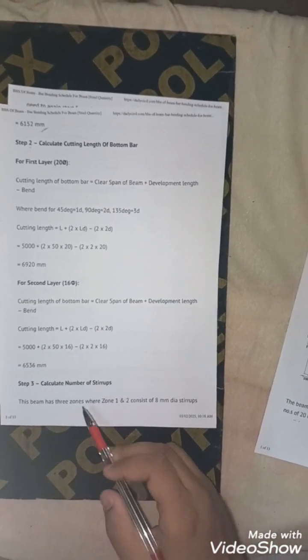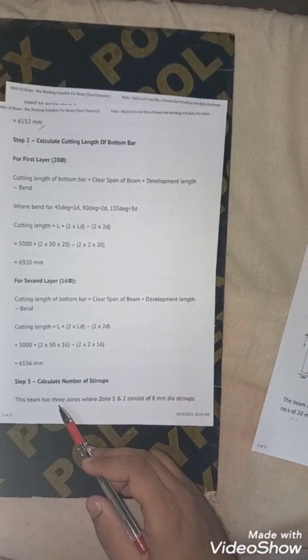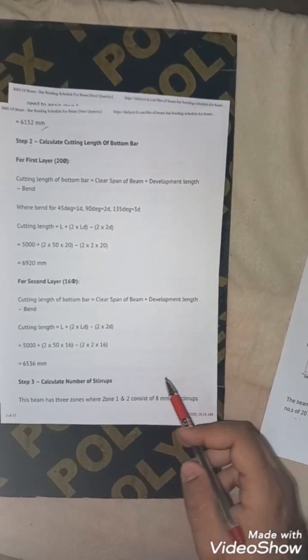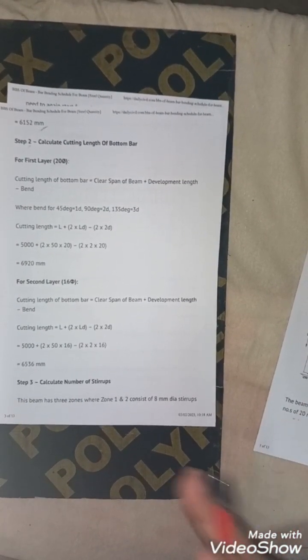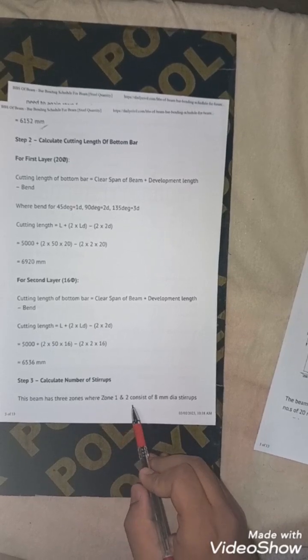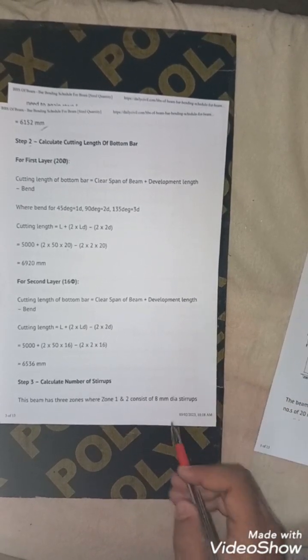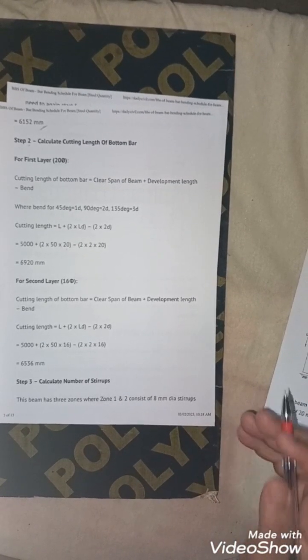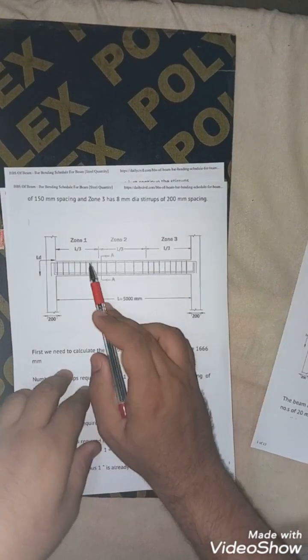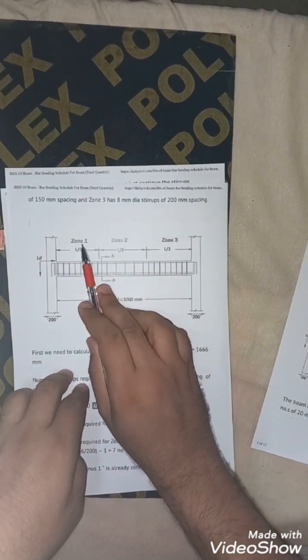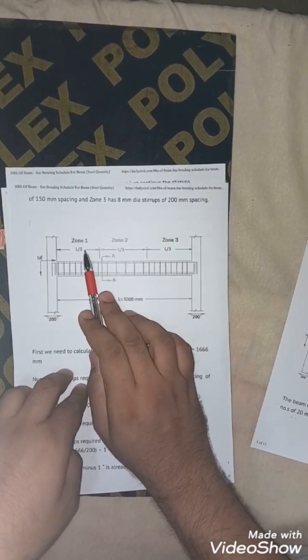So friend, this is the third step. We calculate the number of stirrups. This beam we divide into 3 zones: first, second and third. Zones first and third use 8 millimeter diameter stirrups, with center to center distance 150 millimeter. I divide the beam into 3 zones, 1, 2 and 3, each L by 3.